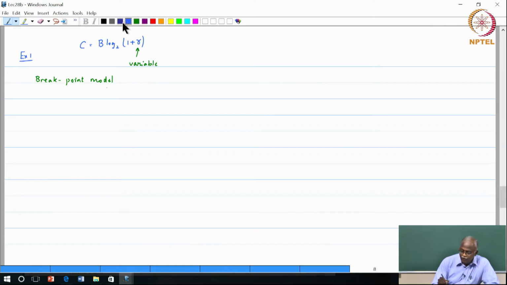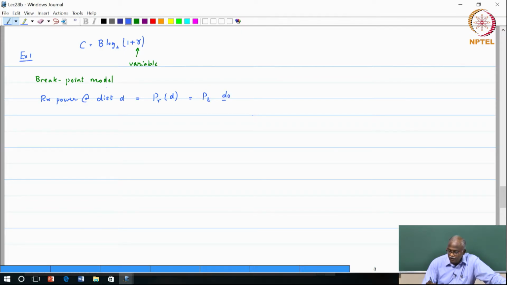The breakpoint model that we are going to use, a very simple one, the simplest possible: the received signal power at a distance d from the transmitter, denoted as PR of d, is proportional to the transmit power times d naught by d, the whole cube.